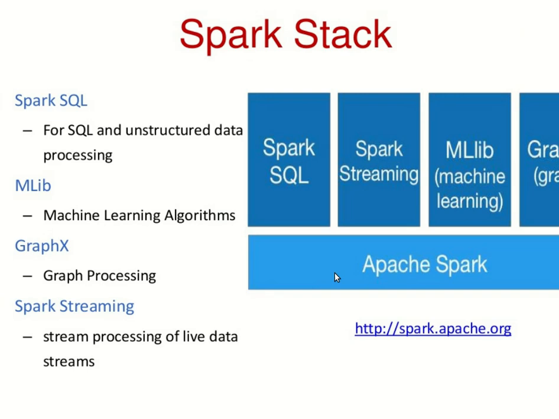Within it you have some libraries, just as you would build your modules. You build them on some underlying core infrastructure, and above them a few libraries. So you have the infrastructure of Spark underneath, and above it you have Spark SQL, Spark Streaming, machine learning libraries, and graph libraries.